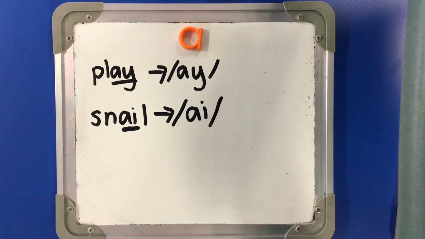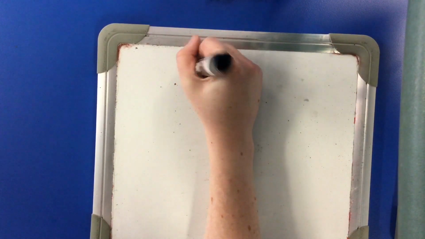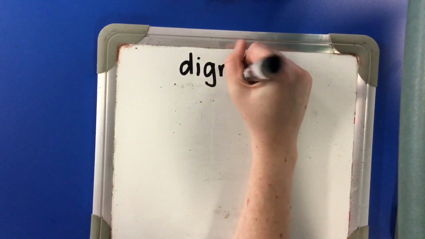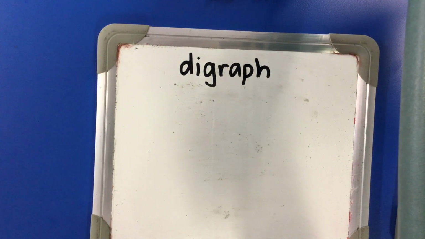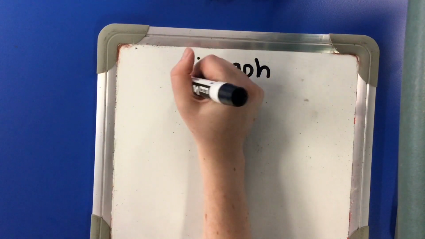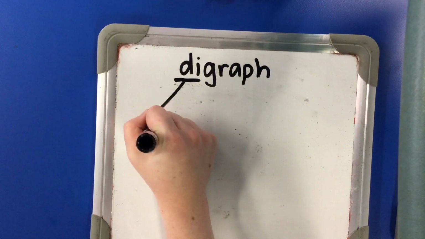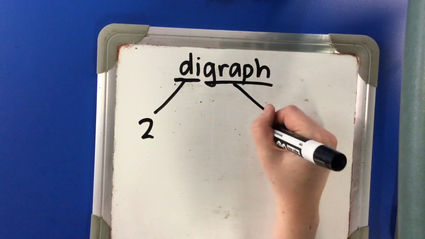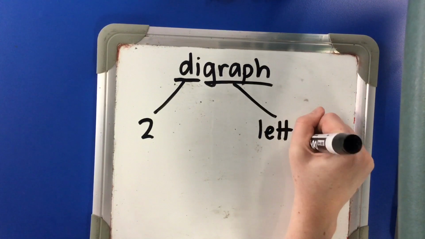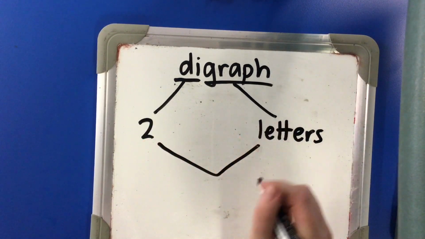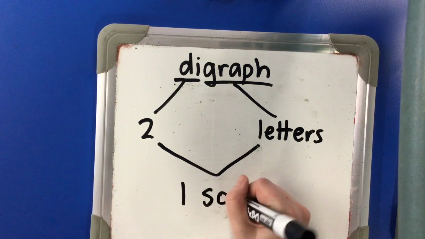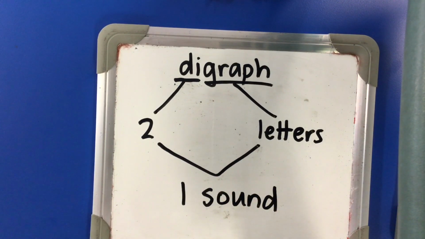There is a special name for when you have 2 letters showing one sound, and it is called a digraph. And digraph means 2 letters, but together they only make one sound.